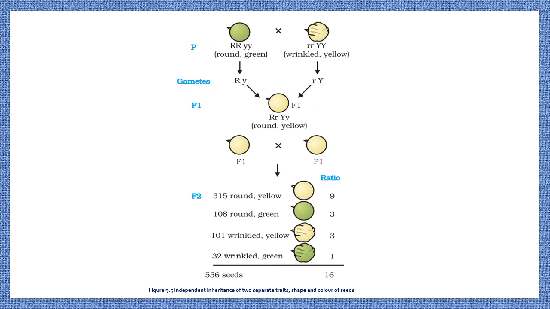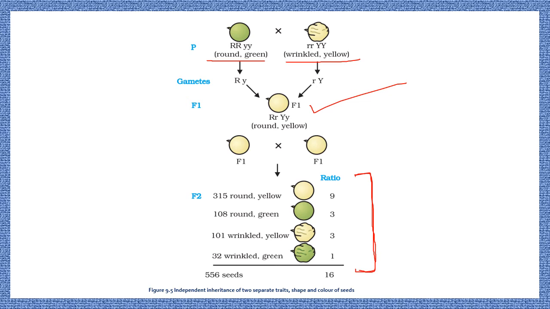And here is the picture where you can see the dominant trait and recessive trait. This is a round and green pea. Here you will get a wrinkled and yellow pea. Okay. In the next generation, you will get round and yellow. This is the F1 generation. When this F1 generation is self-pollinated, here are the characteristics that we get.